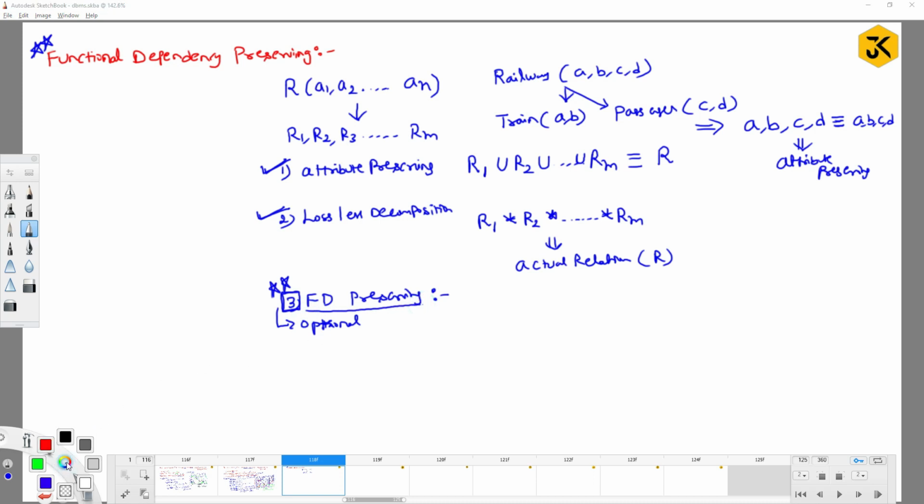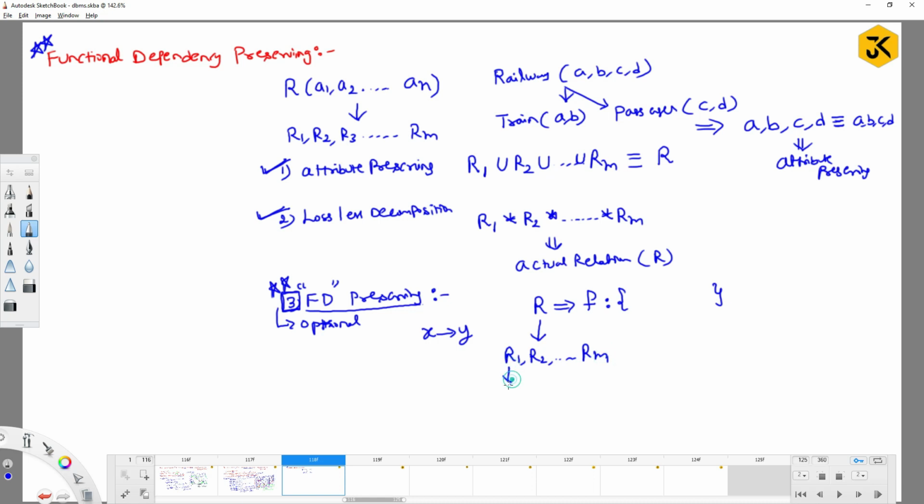Guys, you know the meaning of functional dependency. If I say X determines Y, that is a functional dependency. Here they are saying that these also should be preserved. If the relation R is there, it is going to have some set of functional dependencies, I can call it F. For this relation there are many subrelations after decomposition, like R1, R2 and so on, Rm.